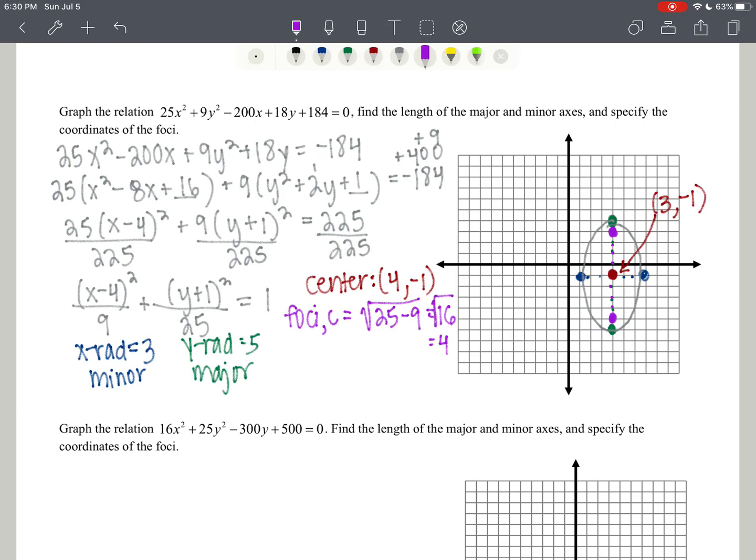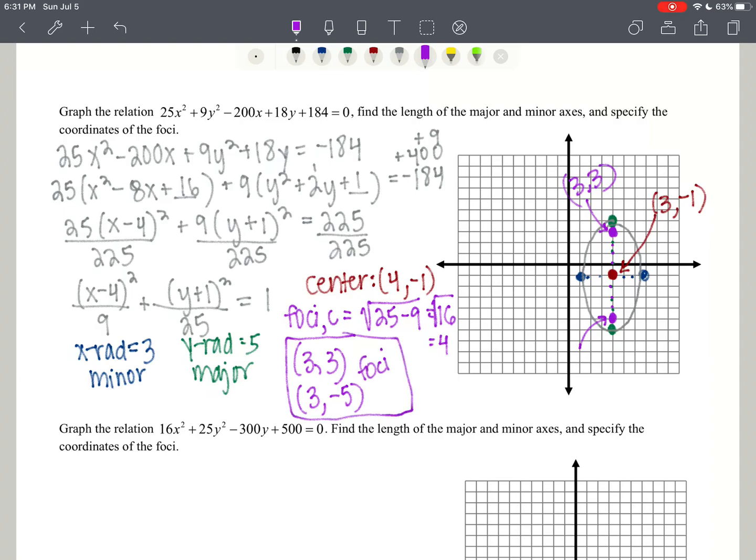We're still going to go right 3, right? So we're still going right 3, but -1 plus 4 is 3. That's this one right here. (4, 3). And then this one, we're going to take that y value and we're going to go down 4, so we're going to subtract 4. So the other one's going to be (4, -5). So that's where our foci are.